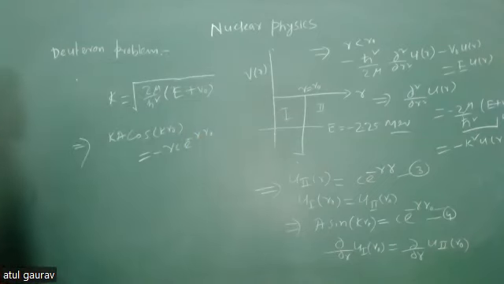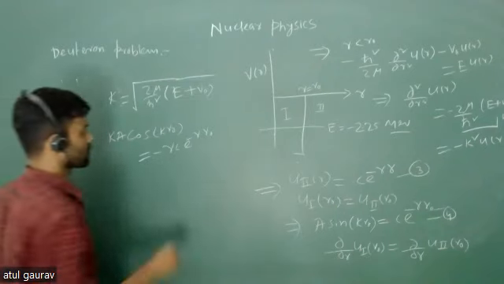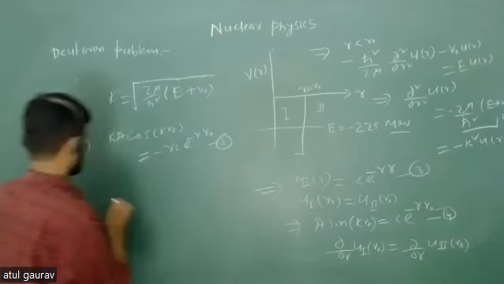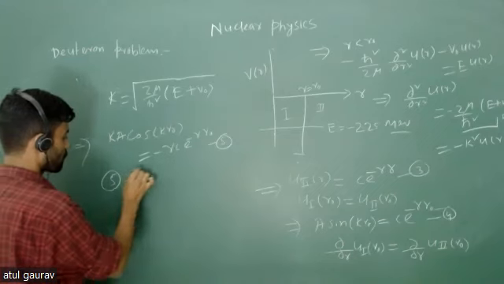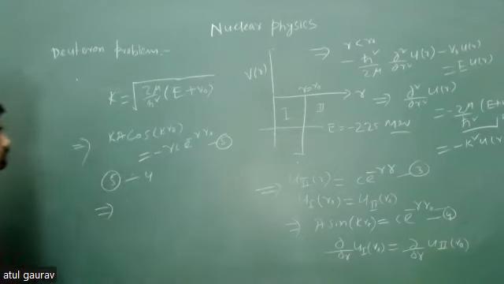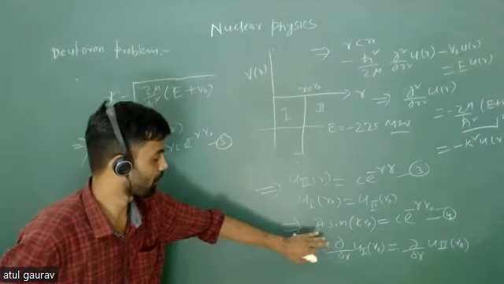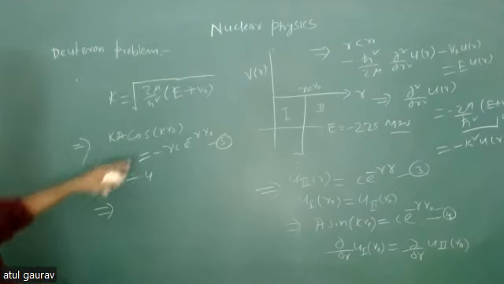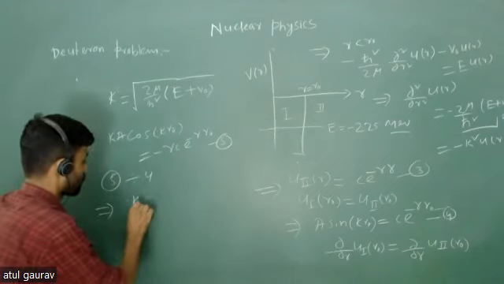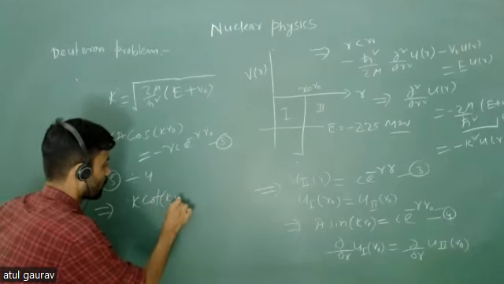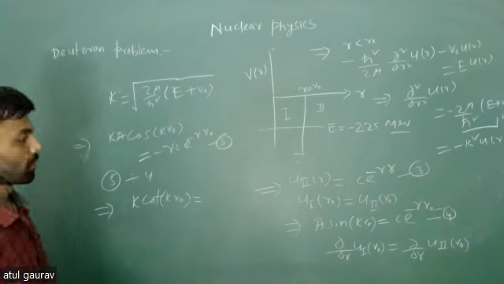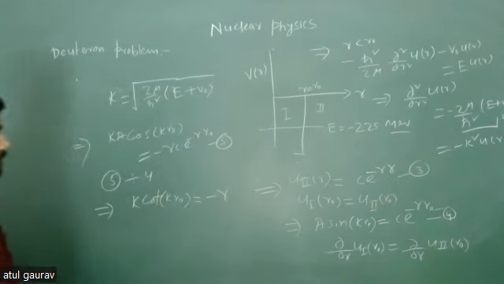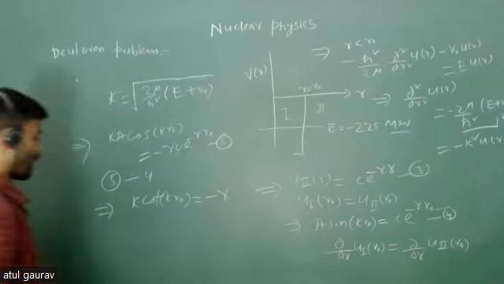Let us call this equation number 5. If you divide 5 by 4, you will get k cos(k r0) divided by sin(k r0). So k cot(k r0) should be equal to minus gamma, as C vanishes.